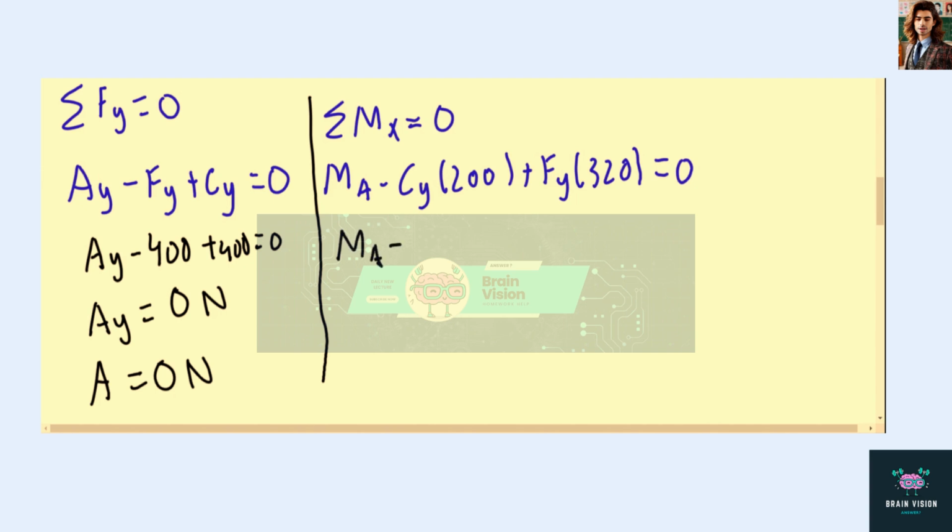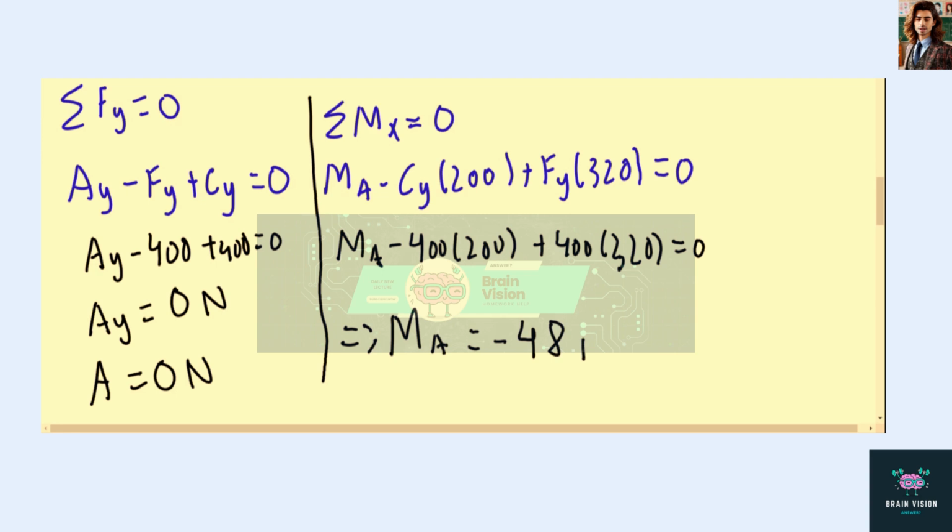And we plug in c of y and f of y. And solving for the moment about point A, we'll get a moment that is equal to negative 48i Newton meters.